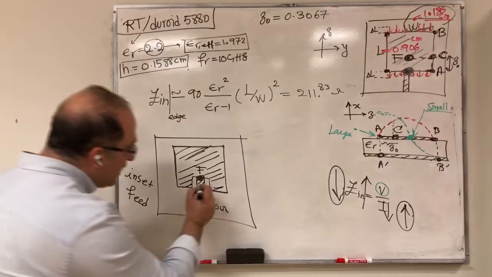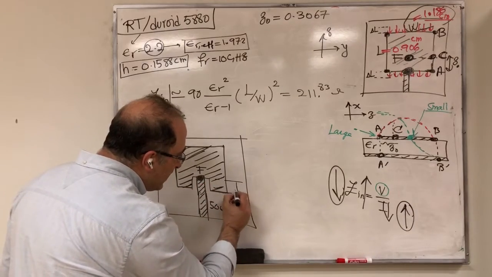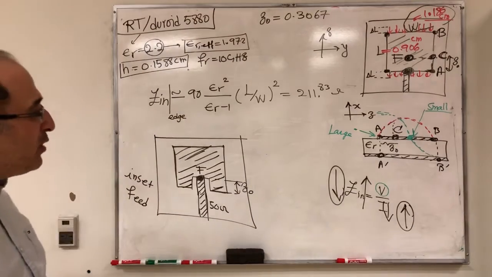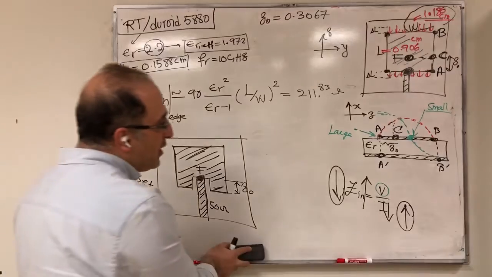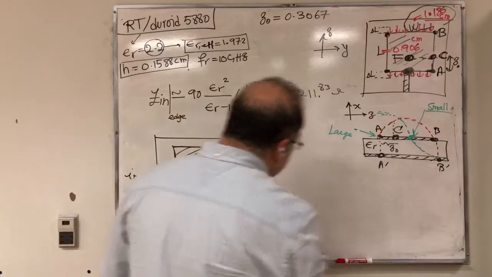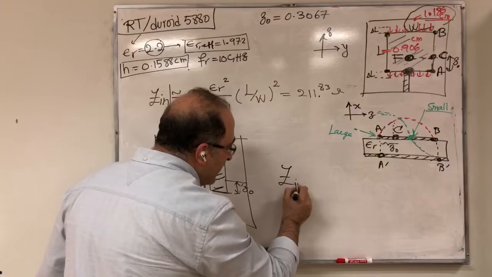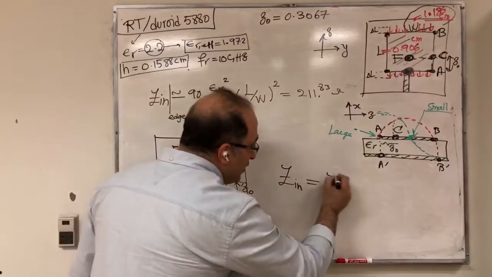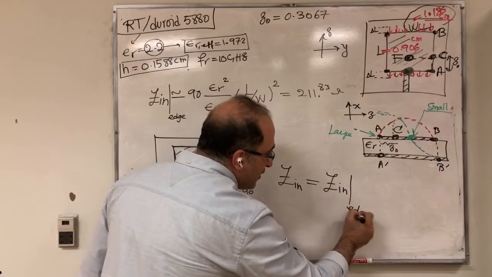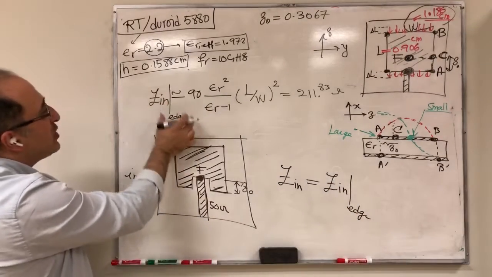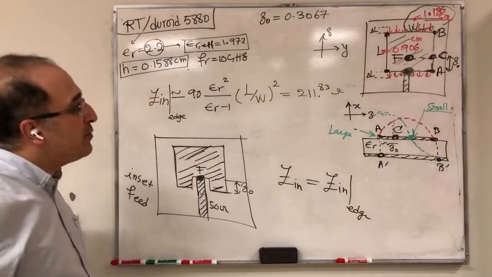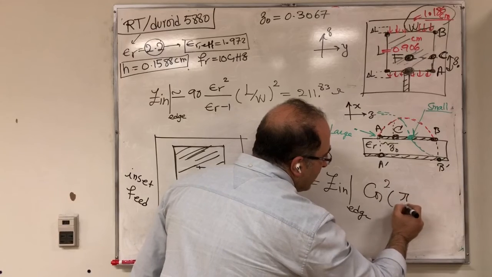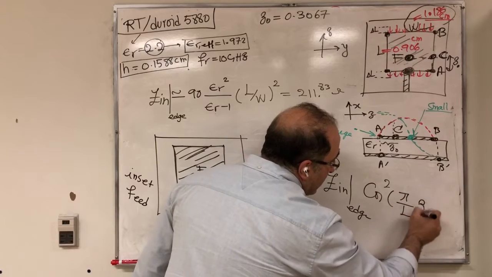Now the question is how to find this inset, which is Z naught. How can we find that? We have a formula for that, and the formula is like this: the Z in that you desire, for example, is 50 ohm often, it's going to be the Z in at the edge, and we know this value, we actually just found it here, 211.83 times cos square pi L Z naught.